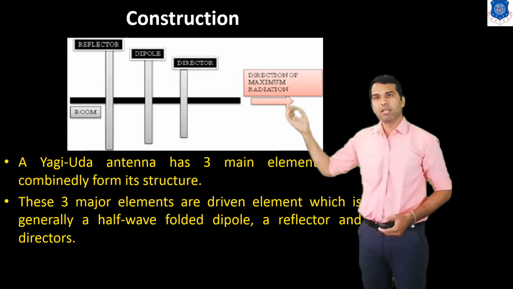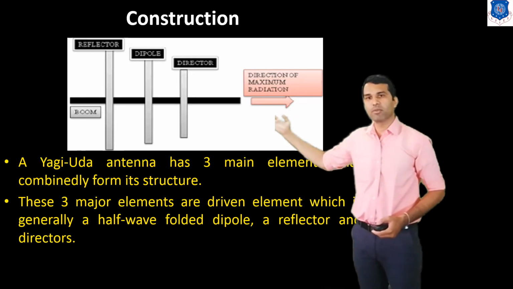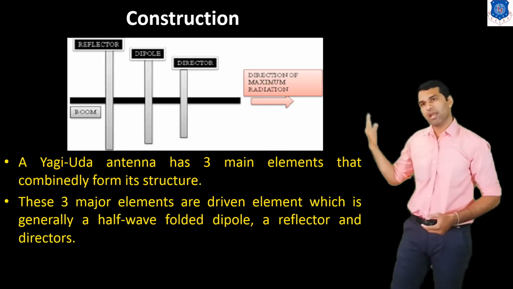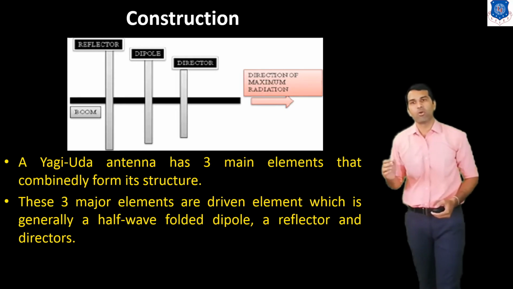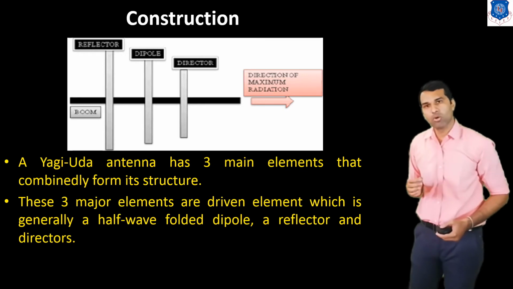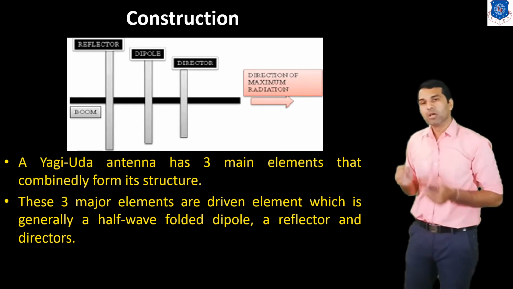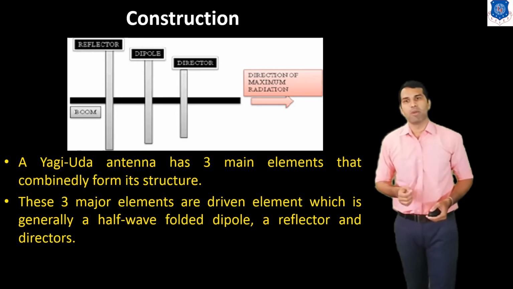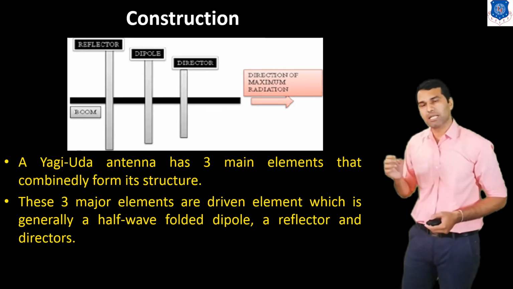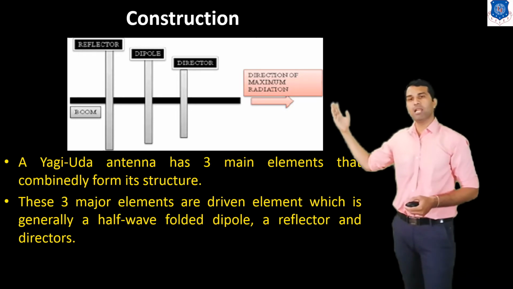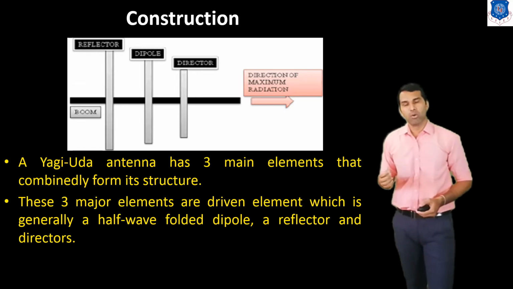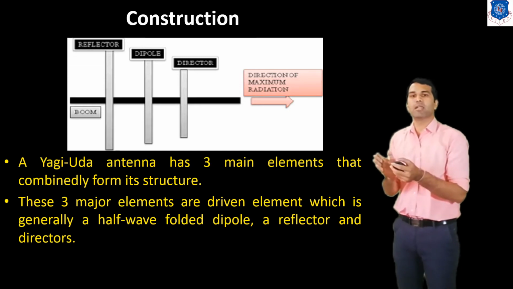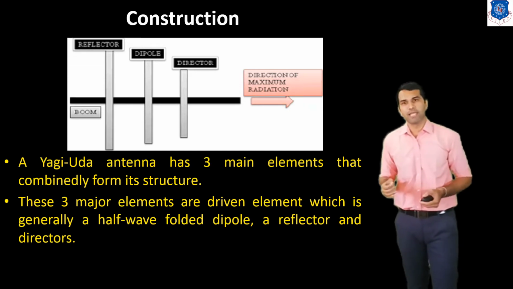The first element is the director. The second one is the folded dipole, known as the driver element. We give the voltage supply or the current to that element, so that's why it's known as the driver element. And the last element is known as the reflector. By combining these three elements, we can form the Yagi-Uda antenna.